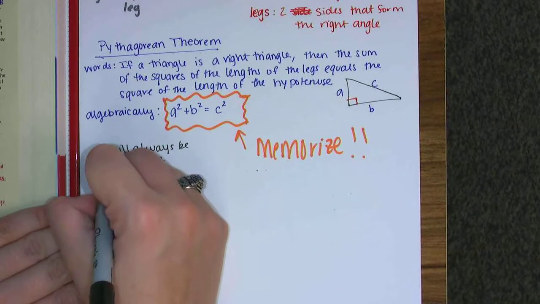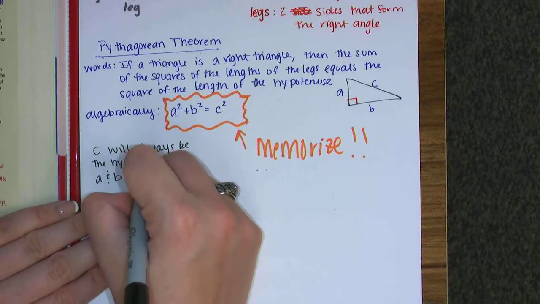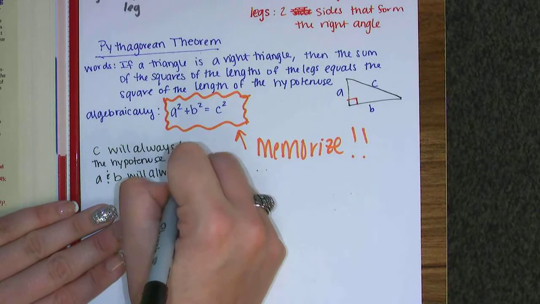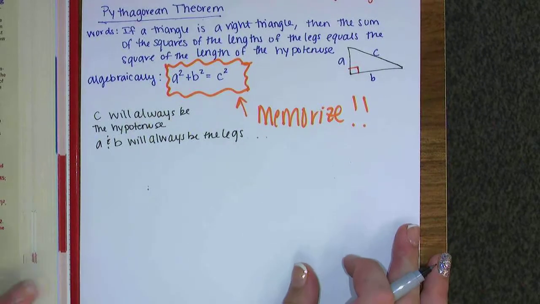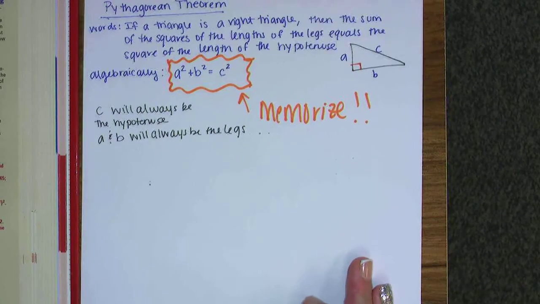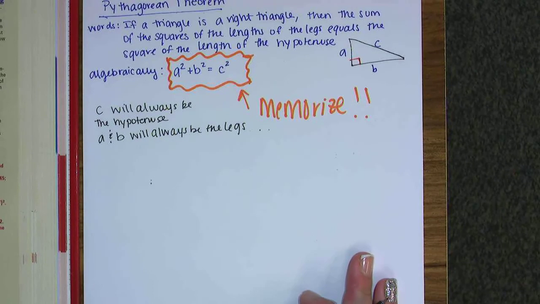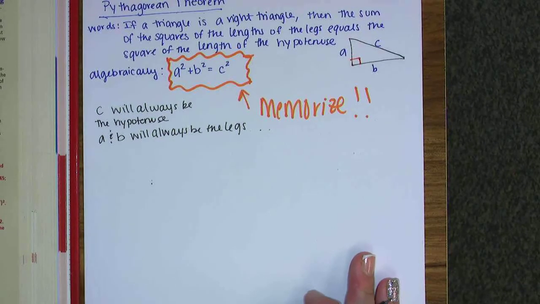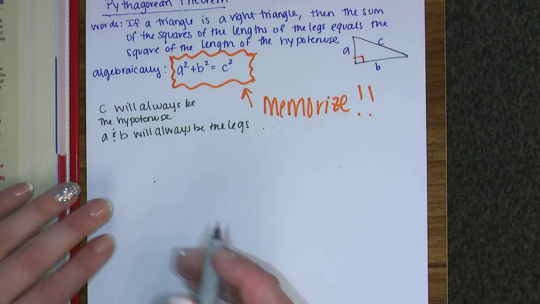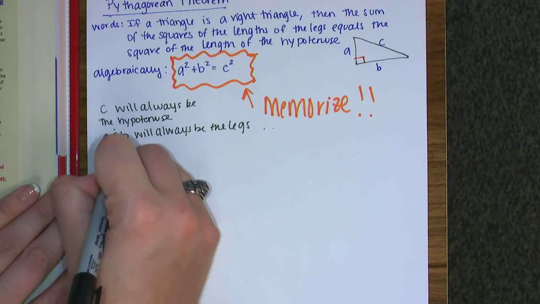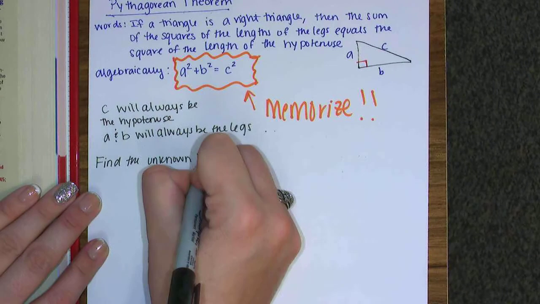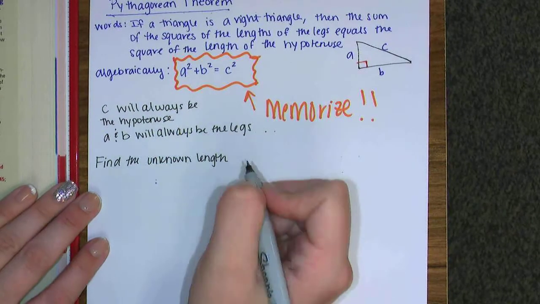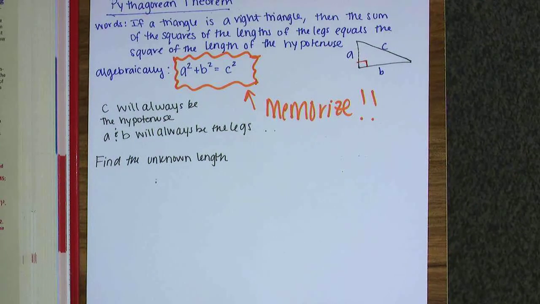A and B will always be the legs. Okay, so that's just information that you need to know. Now, I would recommend, okay, the instructions say to find the unknown length. I would recommend on your paper, every time you start a problem, that you draw the triangle.